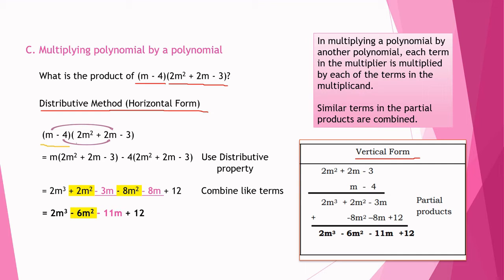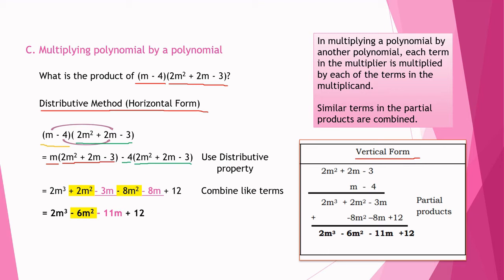And the second polynomial is 2m squared plus 2m minus 3, which is a trinomial. Now, using the distributive property, the first term of the binomial, m, is multiplied by each term of the trinomial. The second term of the binomial is multiplied by each term of the trinomial.